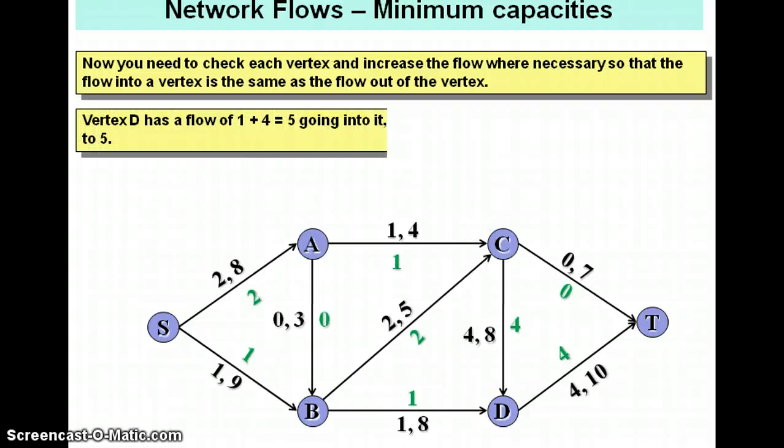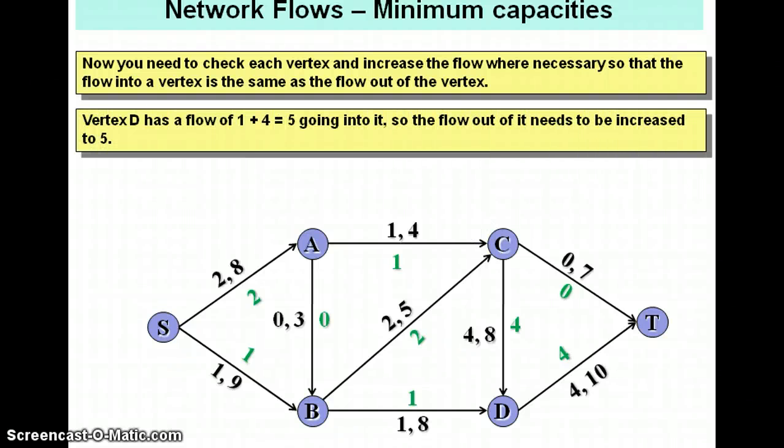We'll start with D. With D we have a flow of 1 plus 4 going into it, so we need to increase the flow going out of it to 5. So we can see here we have the 4 and the 1 going in and only 4 coming out, so we need to increase DT's minimum there to 5.